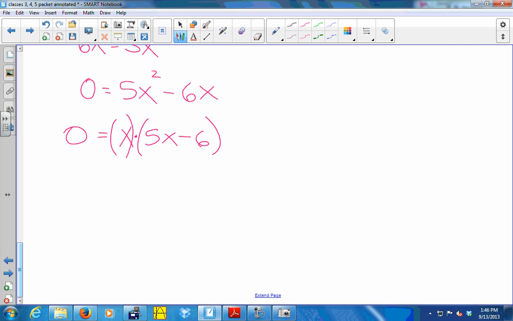No. It's something special about 0, right? When you multiply two things together and the answer is 0, one of them has to be 0. That's the only way to get 0 as an answer to a multiplication problem. So either x is 0 or 5x minus 6 is 0. And then we solve this one and we get x equals 6/5.